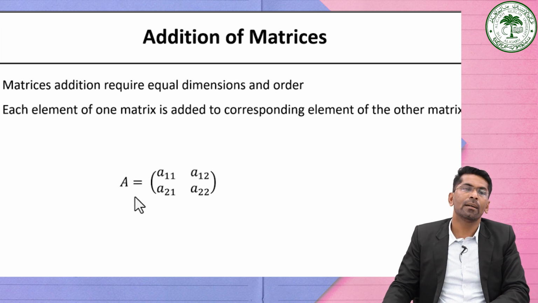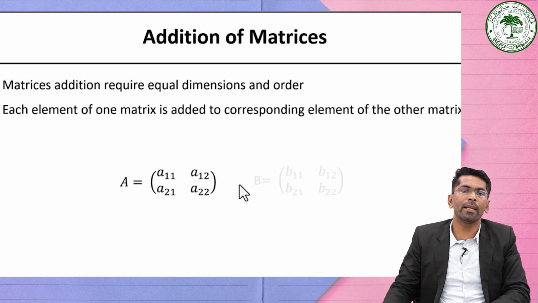Consider here, matrix A is given, that is A11, A12, A21, A22. We have a 2 by 2 matrix, and we have another matrix, that is B equal to B11, B12, B21, B22.